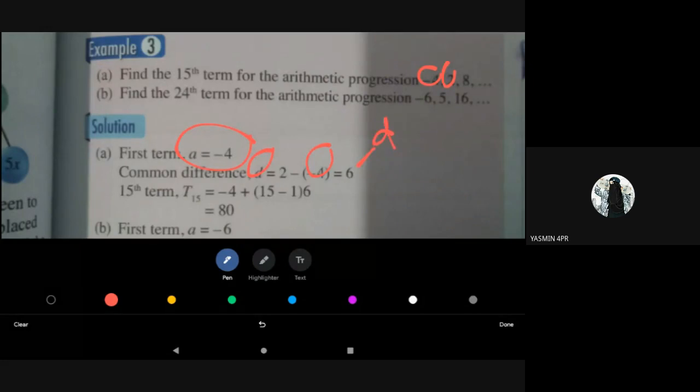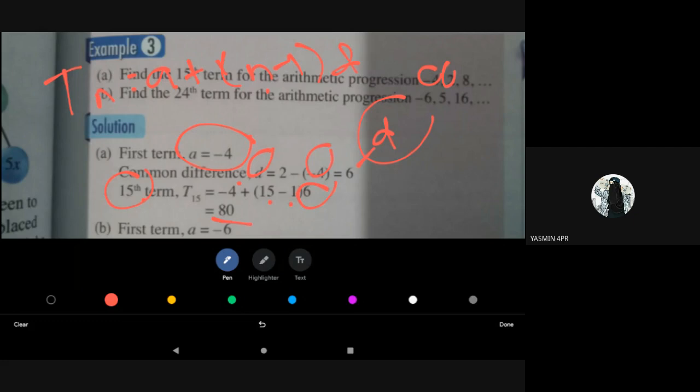Next, we want to find the 15th term. We will use the formula Tn equals to A plus N minus 1 D. A is negative 4, N is 15 minus 1, and D is 6. Then we get the value which is 80. So this is to find the nth term.